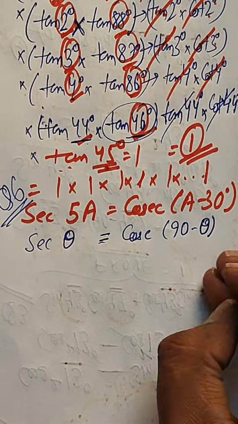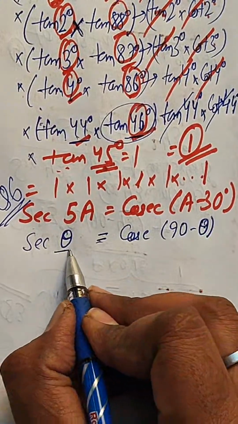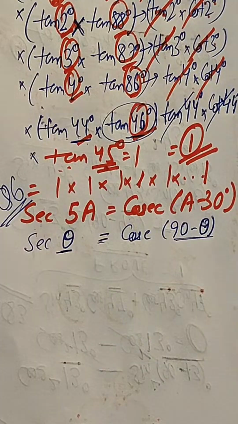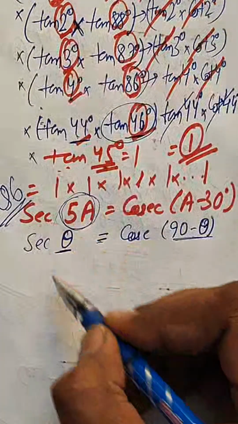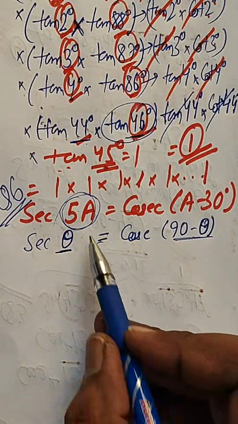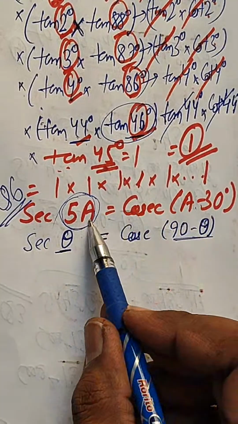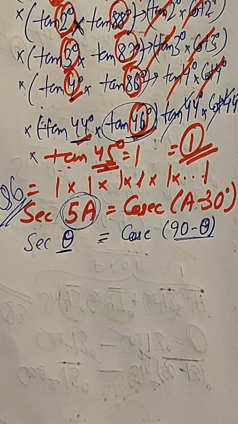Where theta is nothing but the angle which is with sec, right? So you can see these angles should be complementary. That means 5a and a minus 30 should be complementary.